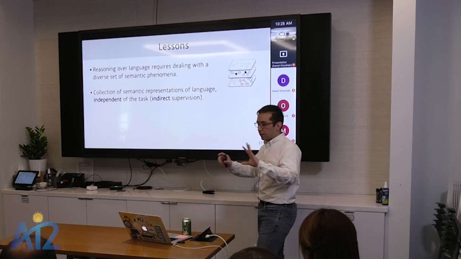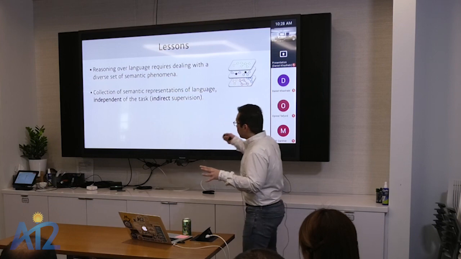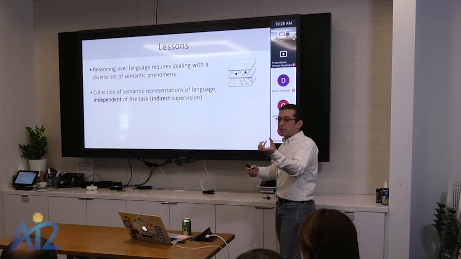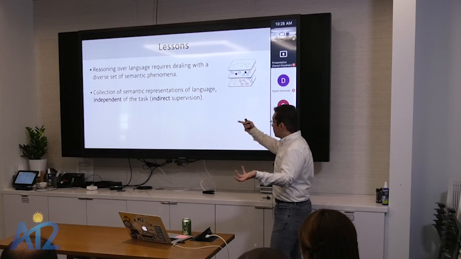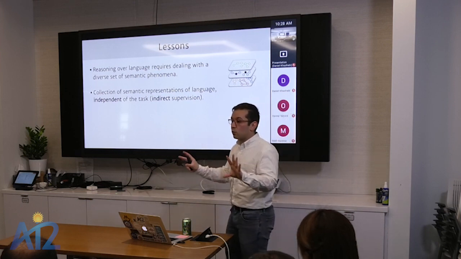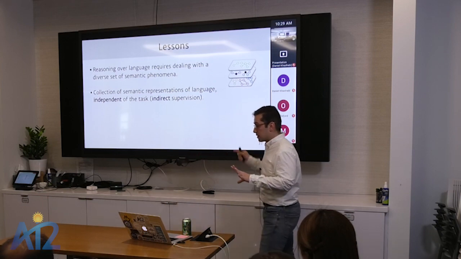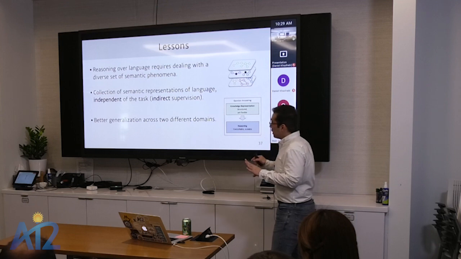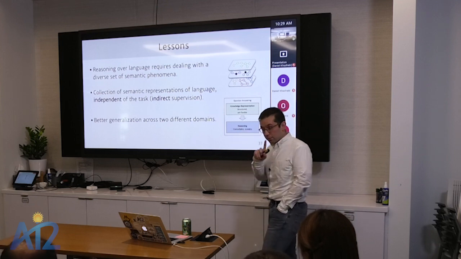And in order to do this, we took what the field has done over the years and we put it together. I argued that this is indirect supervision because these tools, these semantic representations, are developed independent of the task that we solved here. And by creating a reasoning system on top of that representation, we showed generalization across different domains.